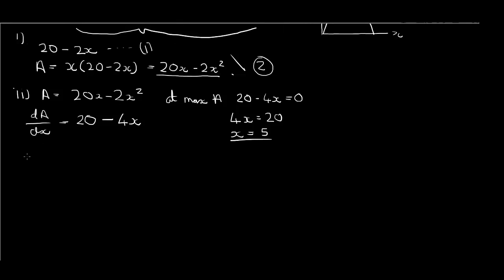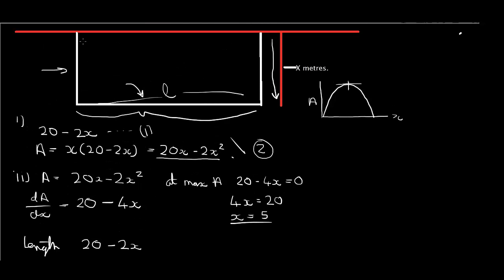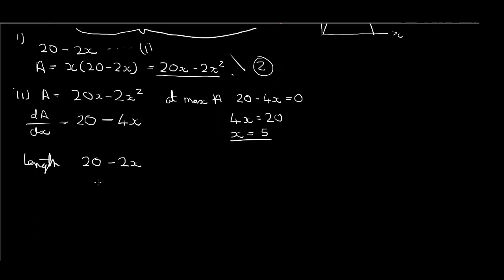The length, well, we know the length of the rope is 20 metres. So the length we're looking for is 20 minus 2x. Just check the diagram again there. It's 20 there, minus x minus x, so minus 2x.